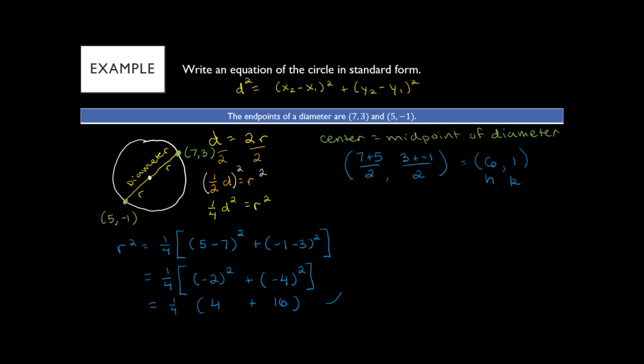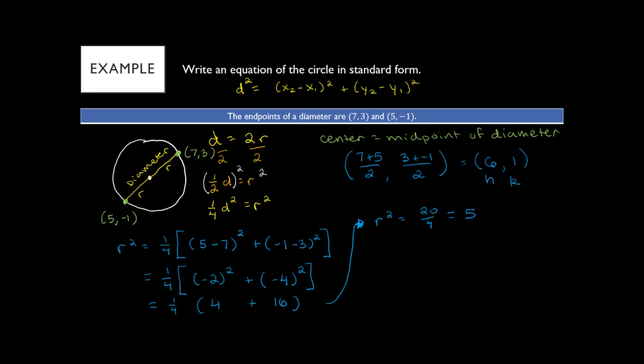I'm kind of running out of room here, so I'm going to just move over here. So r squared is equal to 1/4 times (4 plus 16), and 4 plus 16 is 20. So 1/4 times 20 is 20/4. You can leave it as a fraction, or you can leave it as a decimal if you don't have to round. Actually, that's not even a fraction. 20 divided by 4 is 5. For some reason I was thinking that was coming out to a decimal.